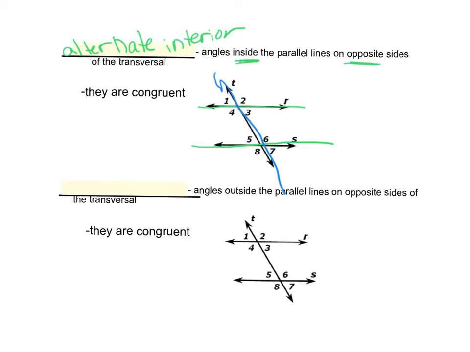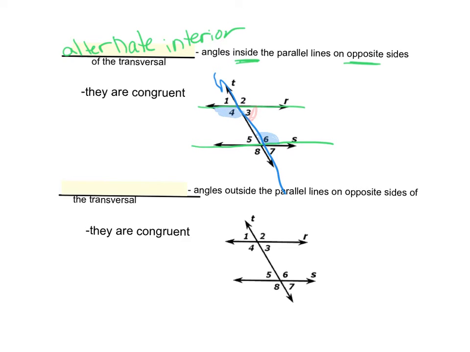And alternate interior angles. Angle 4 is an alternate interior angle with angle 6. So it needs to be interior, so they're both inside the parallel lines, and alternate because they're on opposite sides of the transversal. There is another pair of alternate interior angles.